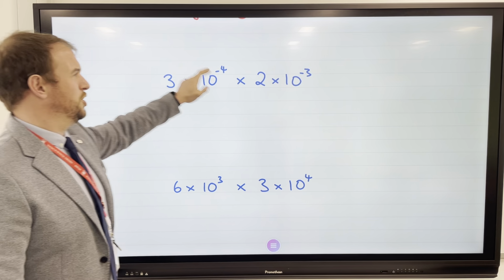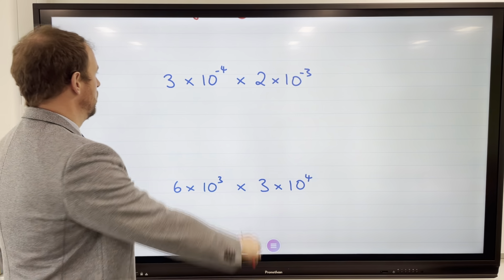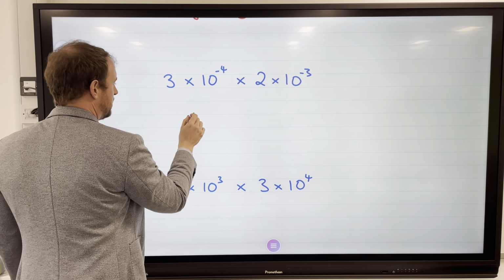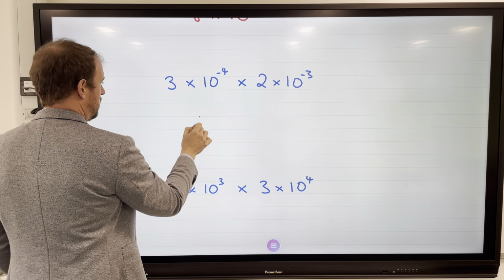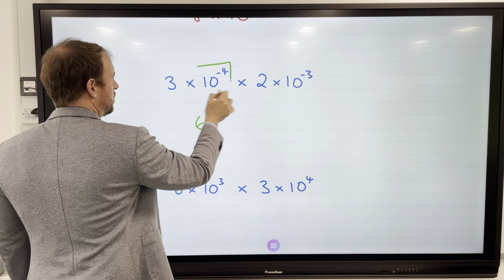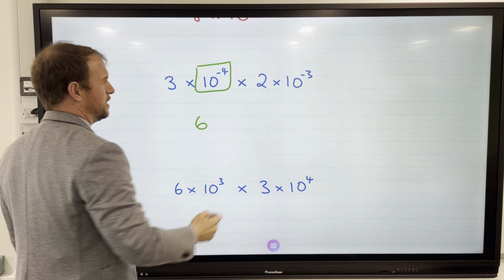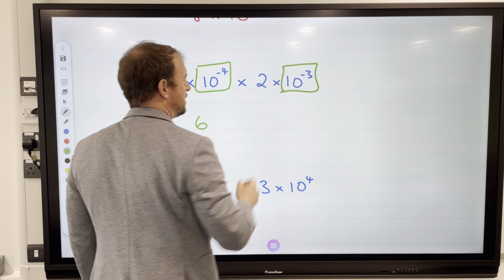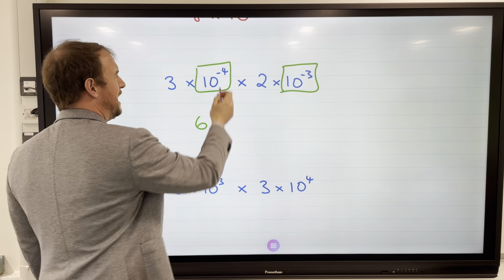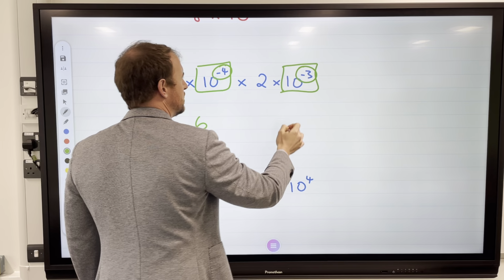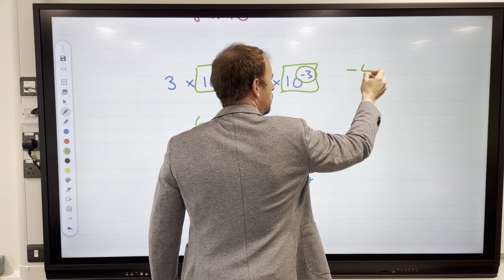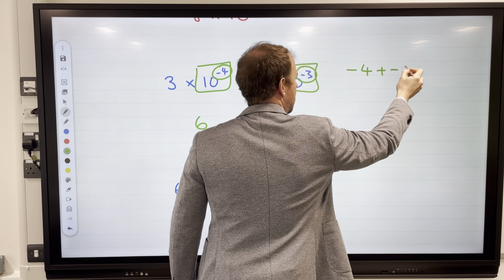How about then if we have 2 negatives? Well, 3 times 2 is 6. And then I've got 10 to the power of minus 4 times 10 to the power of minus 3. So we have to add these powers together. So we have minus 4 add minus 3.